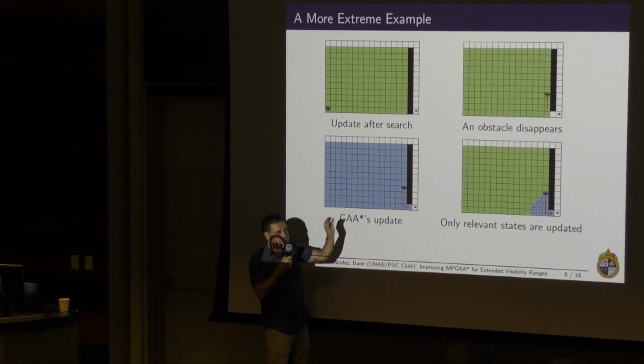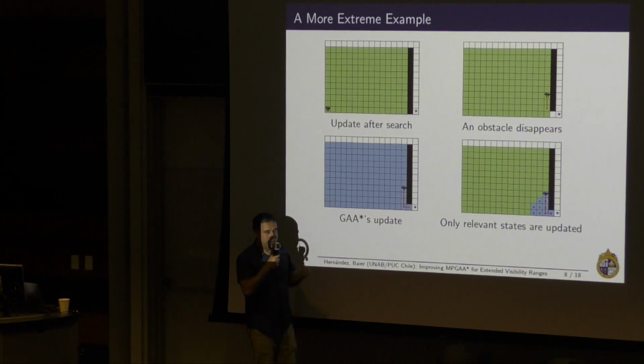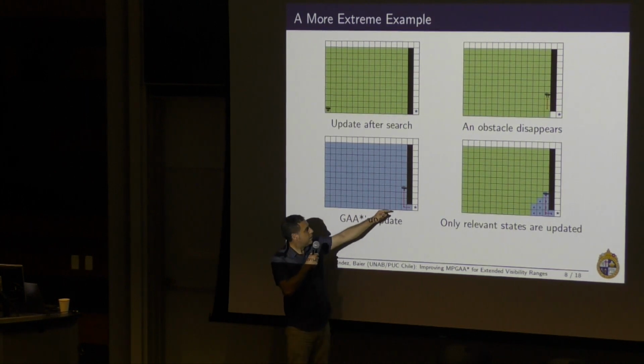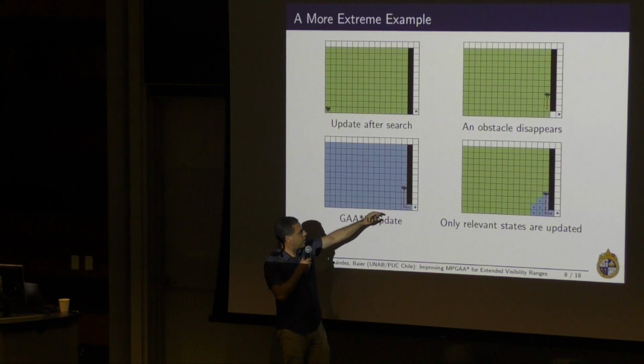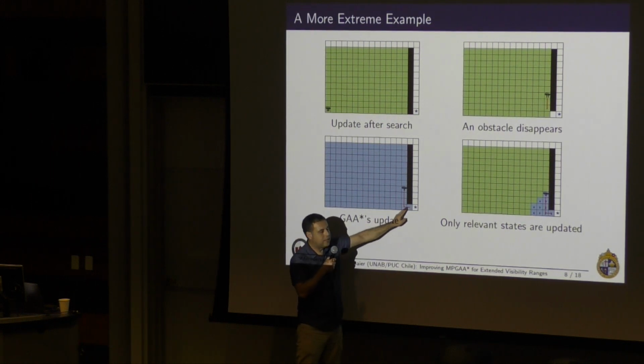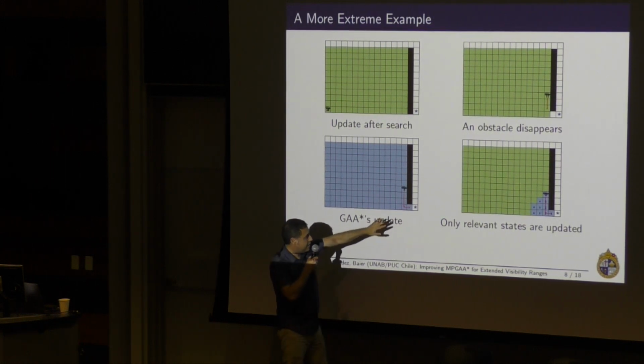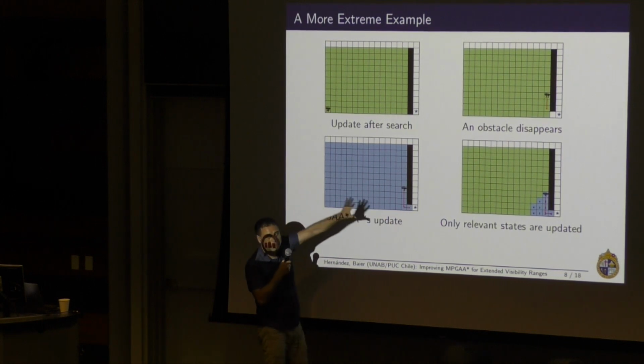But if the agent has a bigger visibility radius, he knows that this state changed, and they update all the heuristic in this part.